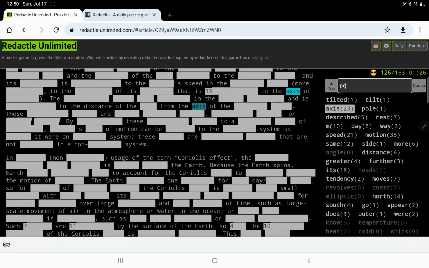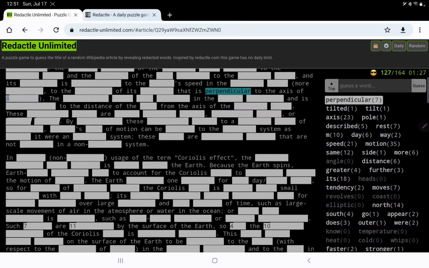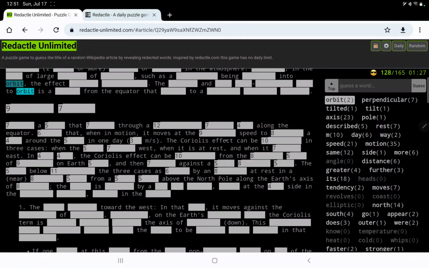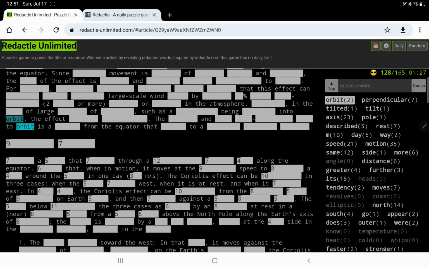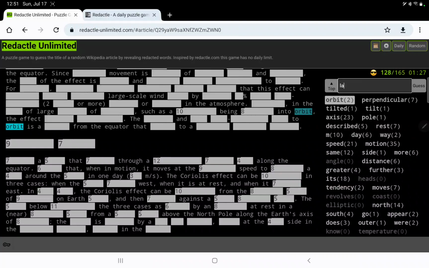That is perpendicular. Yes, to the axis of something. How about orbit? Two orbits right beside each other, such as a something being launched.